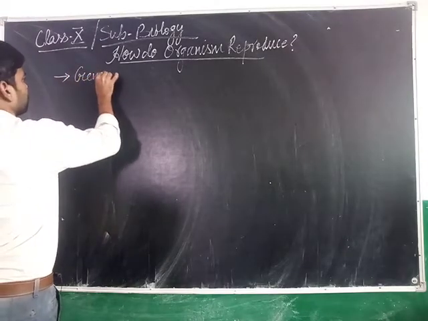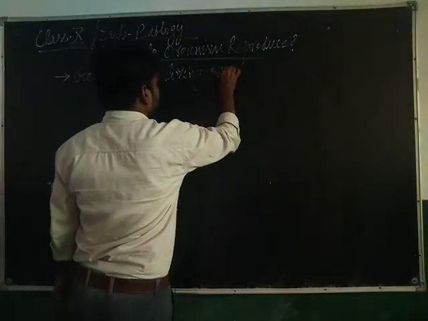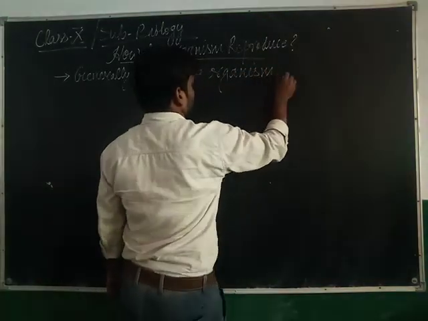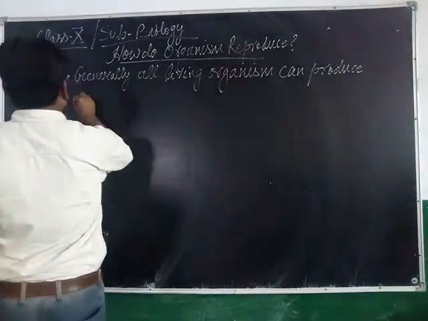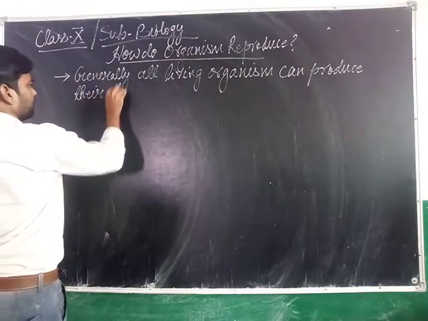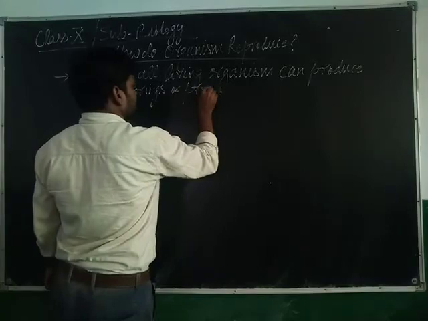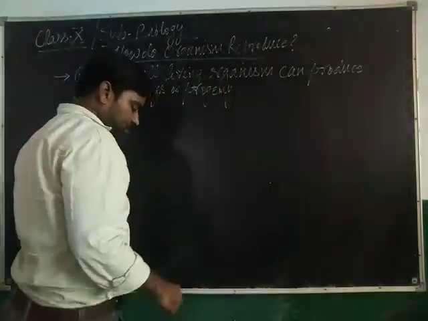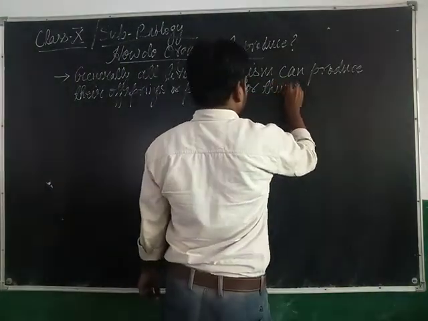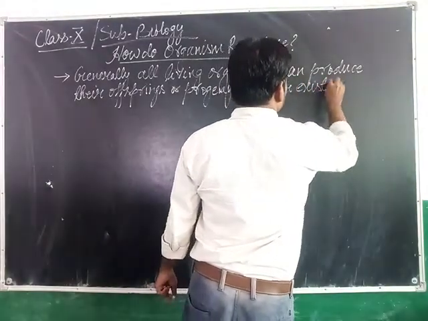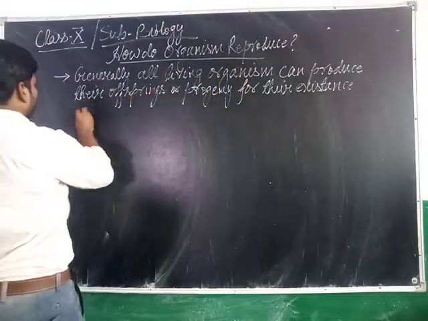Generally all living organisms can produce their offspring or progeny for their existence and survival on earth.